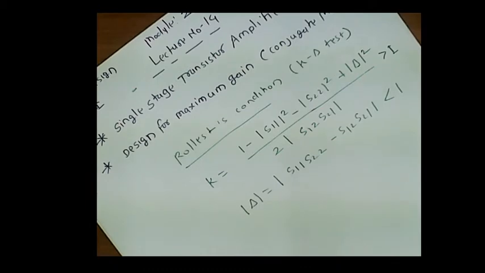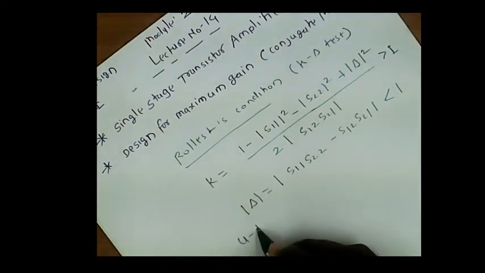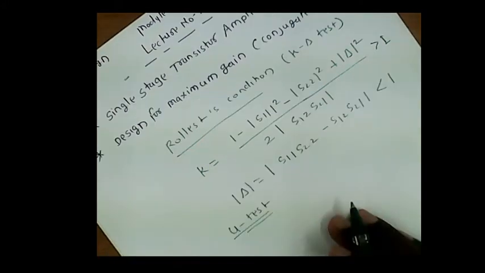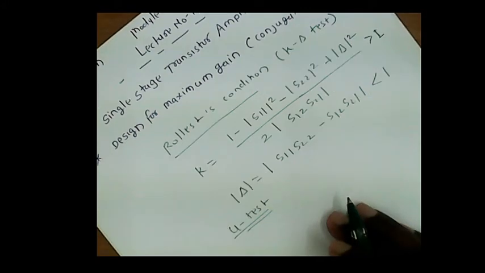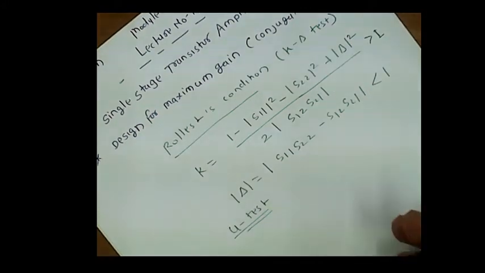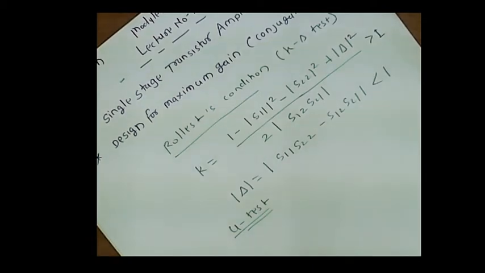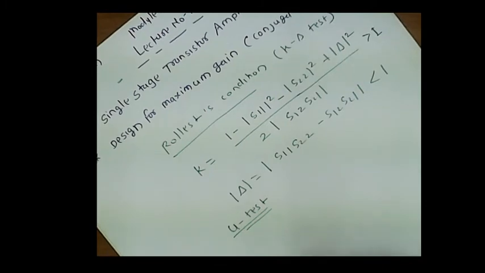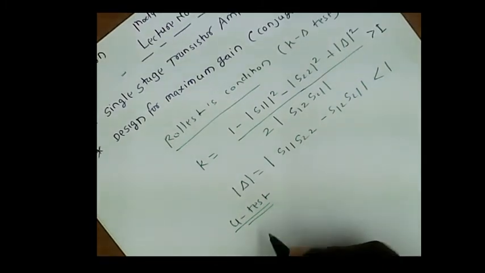There is a second test, called the mu test, which is another condition to check the unconditional stability of the transistor. After this we draw the stability circles. The mu test is also defined in terms of S parameters.